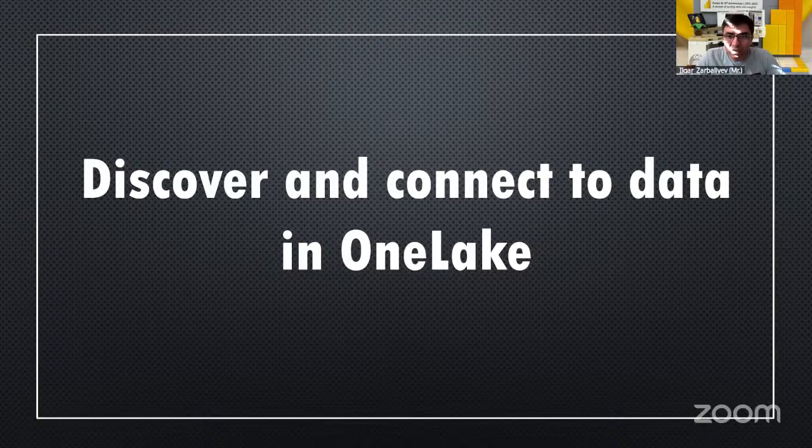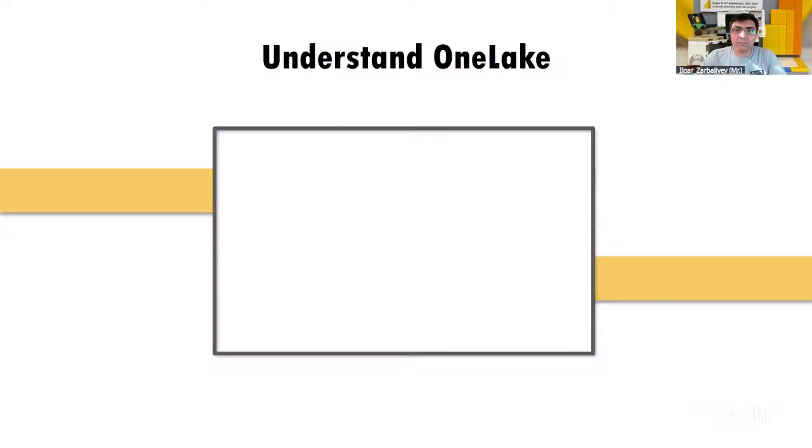And in this video, we are going to learn how to use the OneLake Catalog to browse and locate existing data assets, create shortcuts that connect to data without duplicating it, and discover real-time data streams through the real-time hub. In the next slide, we'll begin by understanding what OneLake is and how it serves as the foundation for data storage and discovery across Microsoft Fabric.